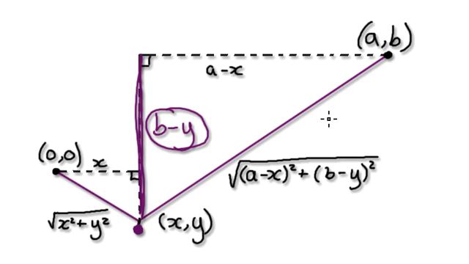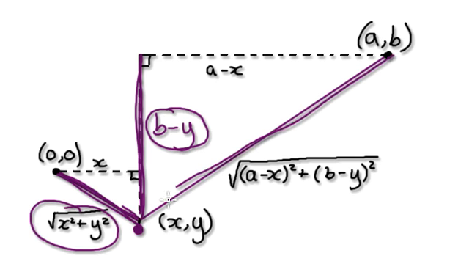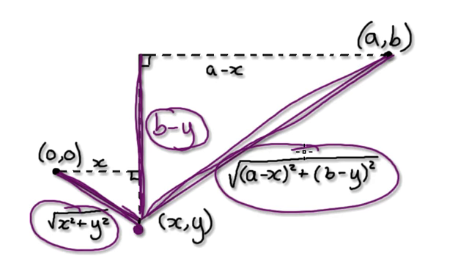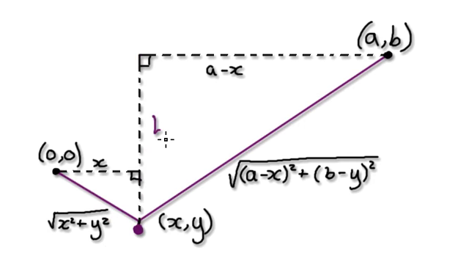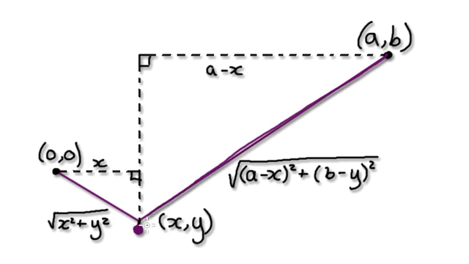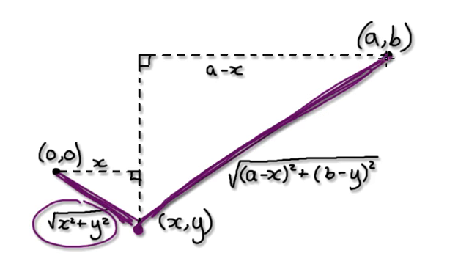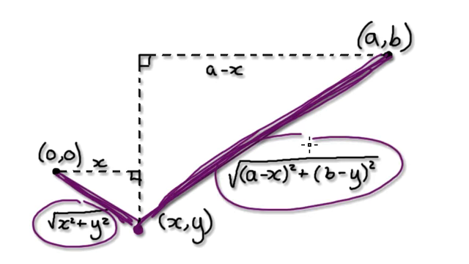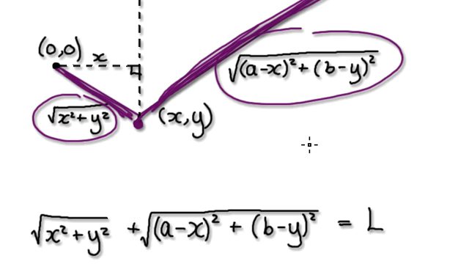Okay, so this part of the string here will be given by this, and this part of the string here will be given by this, because you've got to use Pythagoras here. This thing squared, that's this bit here, and then this thing squared, that's this bit here. Take the square root, and that will then give you this whole length here. So our constraint here is really this.